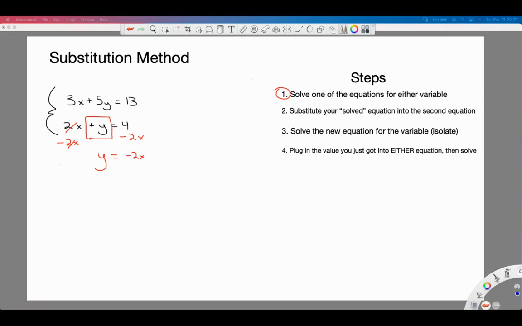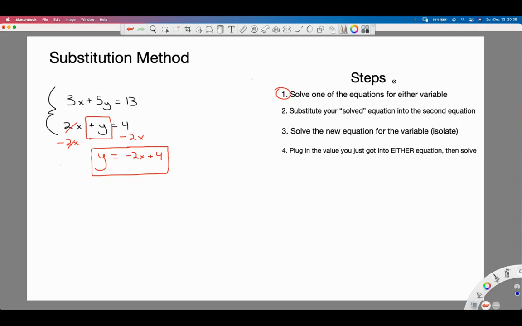So we just write the negative 2x here as part of our new equation. And then that positive 4 that was originally there still stays. So our new equation that we just created from doing step 1 was y equals negative 2x plus 4.